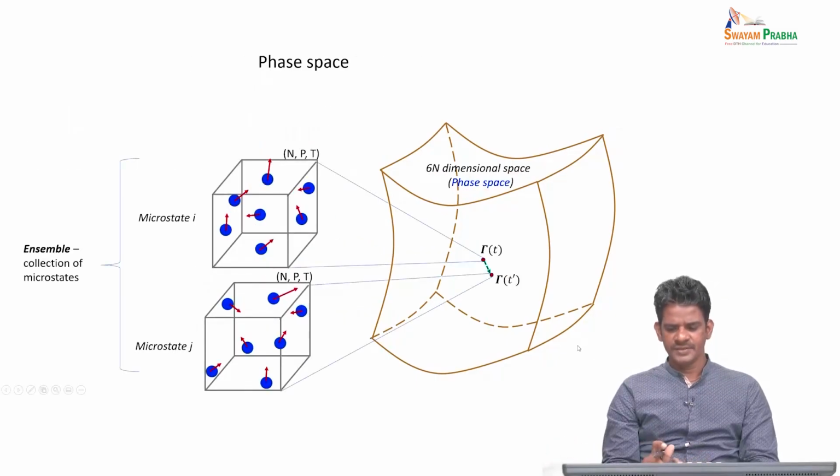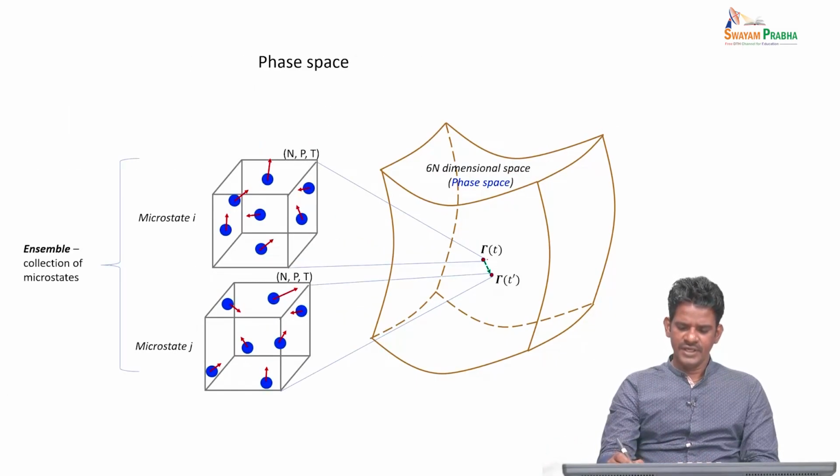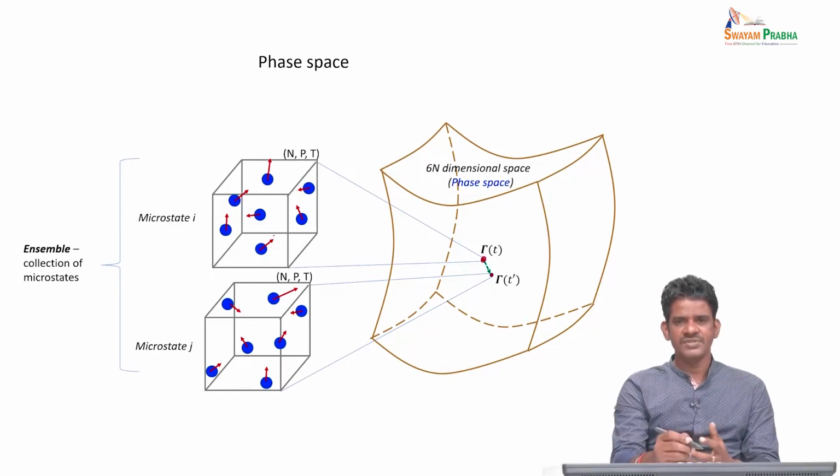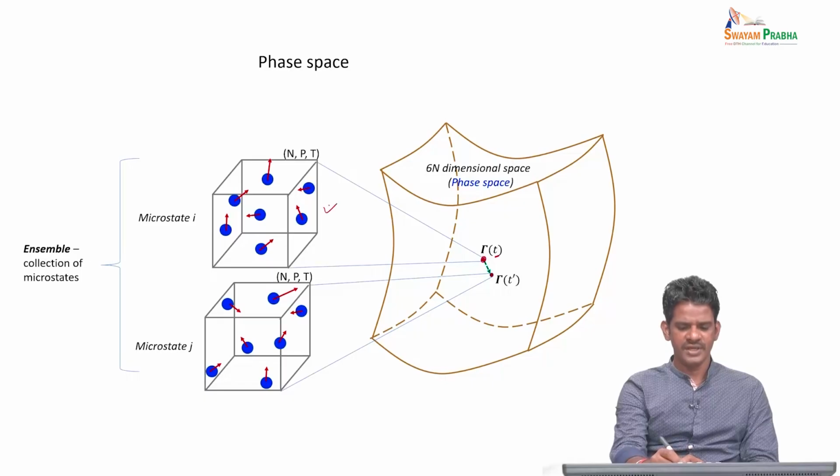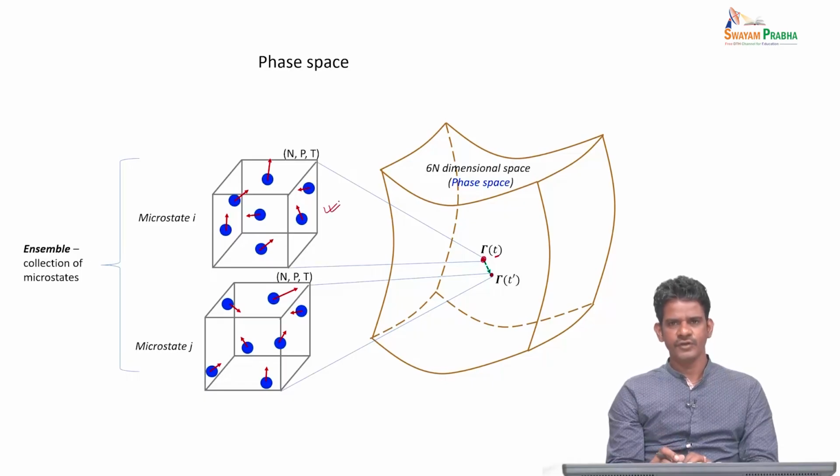Now in the phase space, at this particular point, think of it like at a given time t, the system has this particular configuration. When I say configuration, this is about the relative positions of the atoms and particles and the respective momenta.